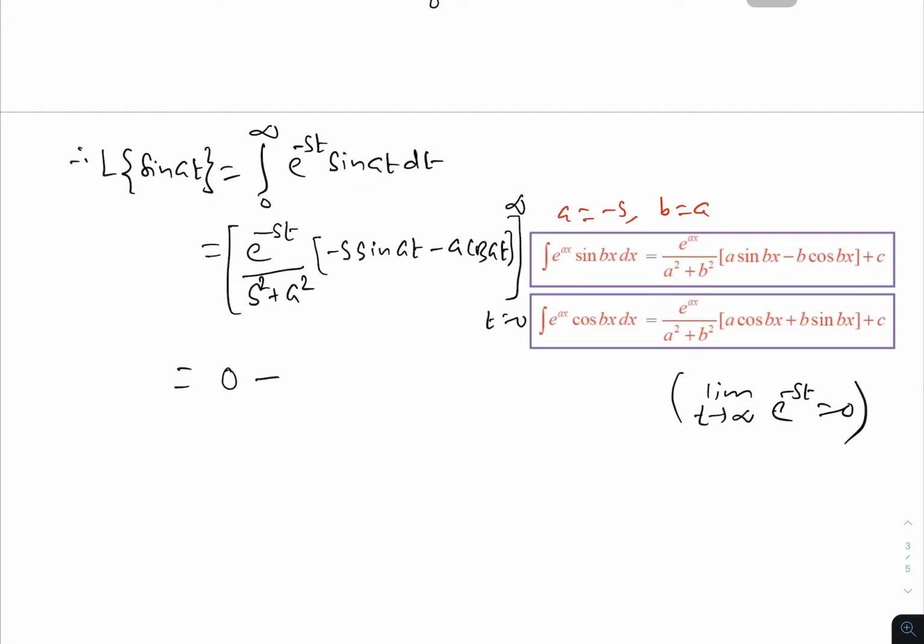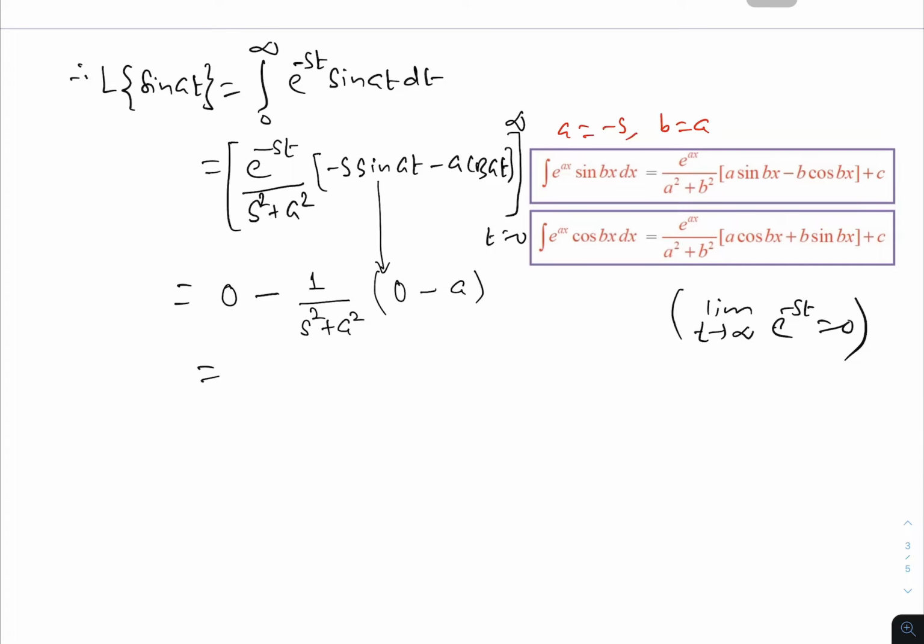So this is 1 over s square plus a square, then this is 0 and cosine 0 is 1, so minus a, and so the answer is a over s square plus a square.